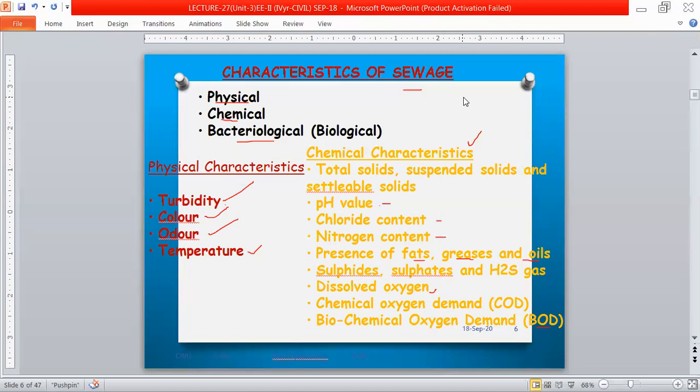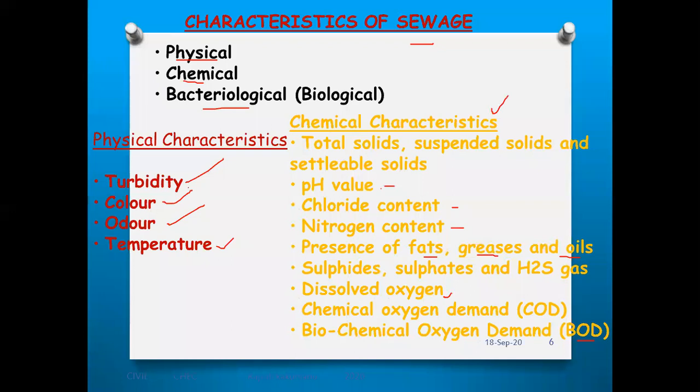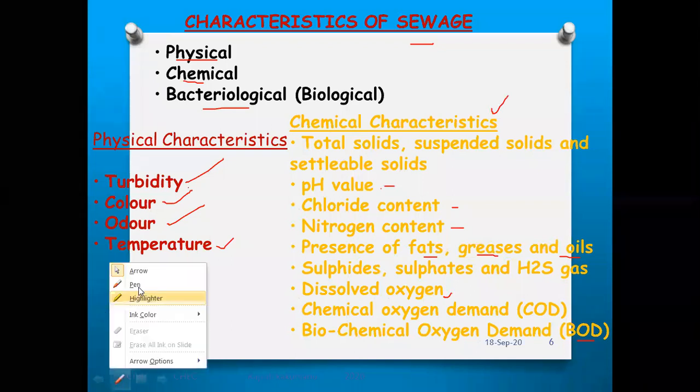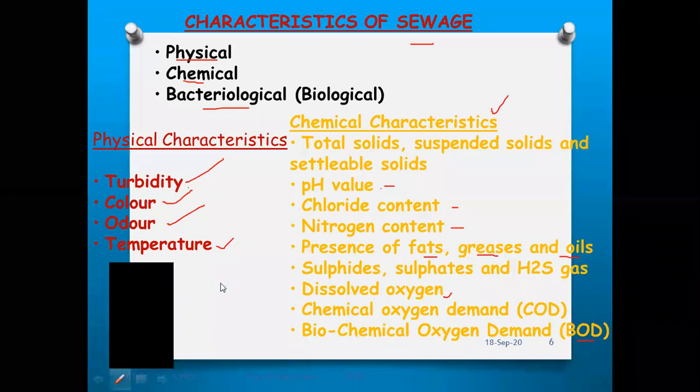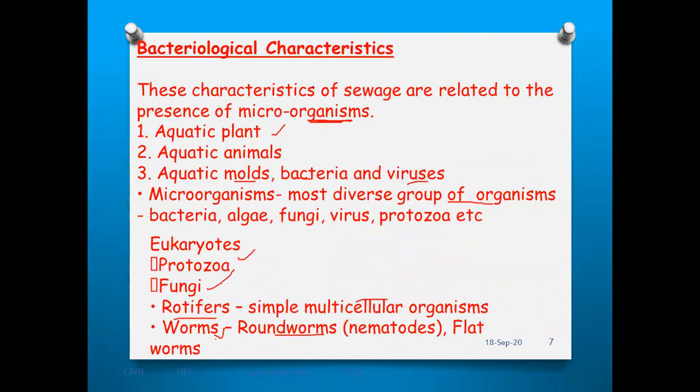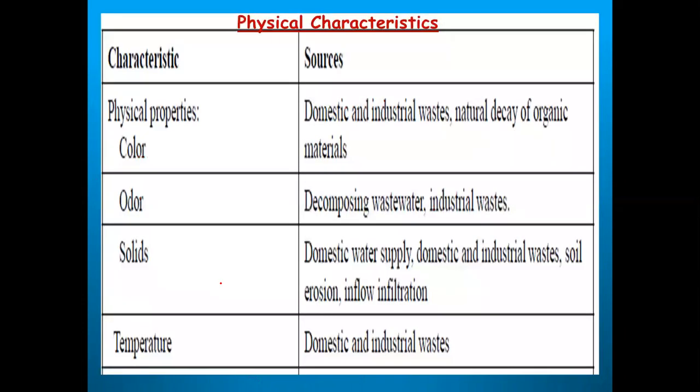In the physical characteristics we have four types: turbidity, color, odor, and temperature. We will discuss that briefly.